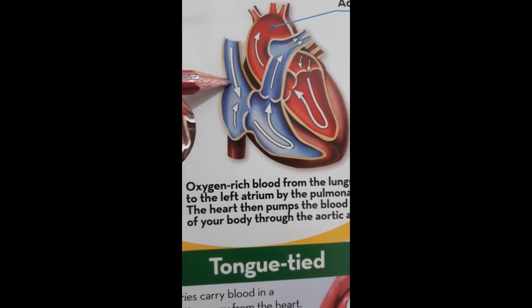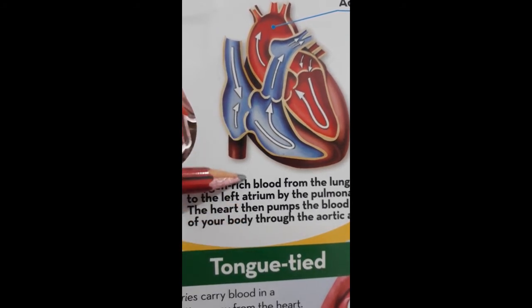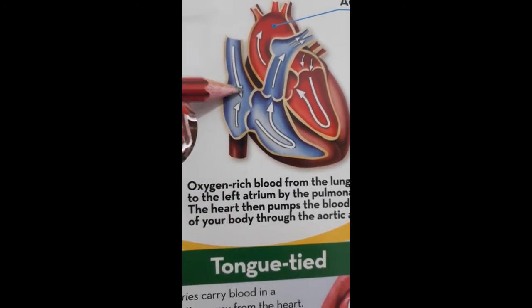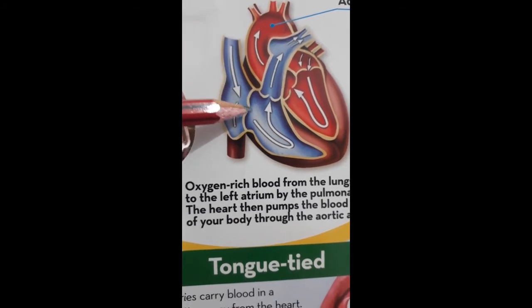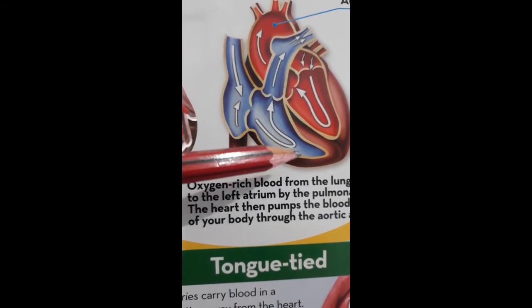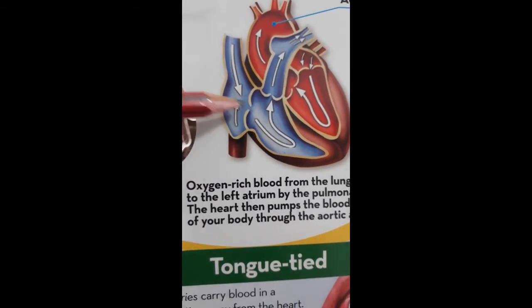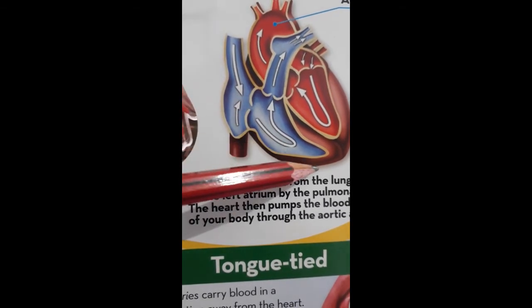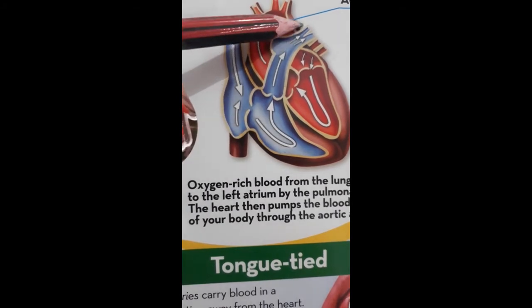Here is the inferior vena cava, through which blood also enters the right auricle. From the right auricle, the blood will flow into the right ventricle through the tricuspid valve. Through this opening the blood will enter and it will move into the pulmonary artery.